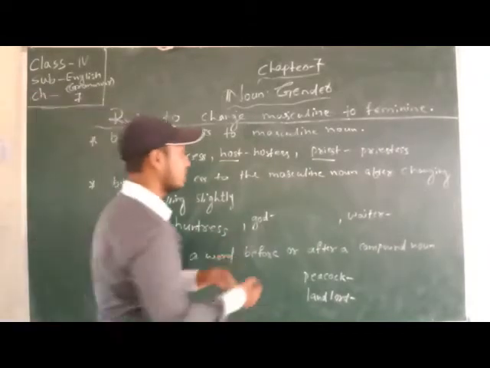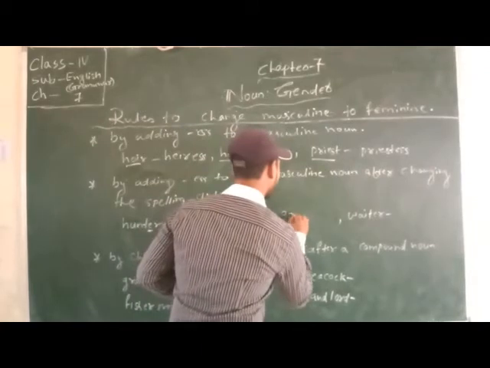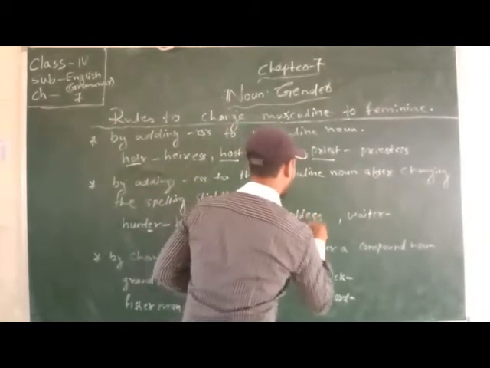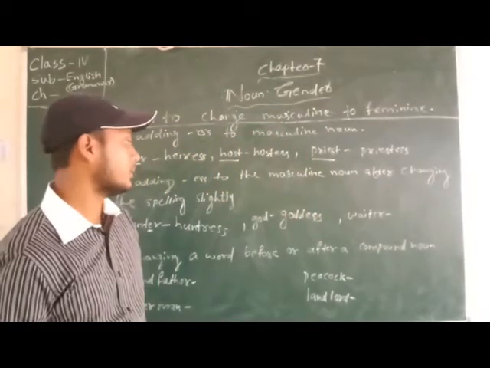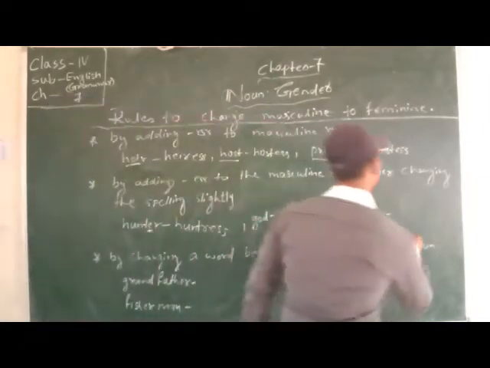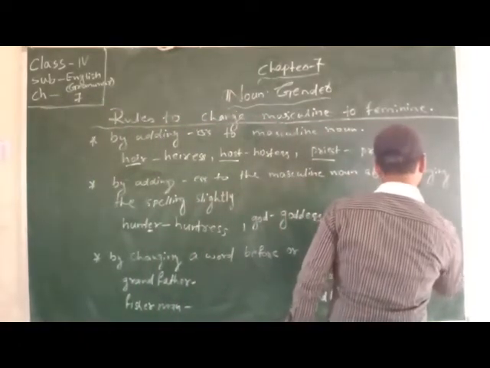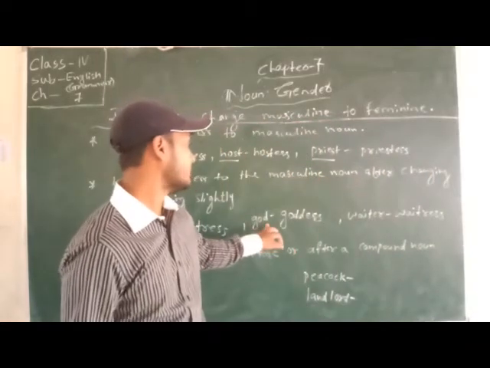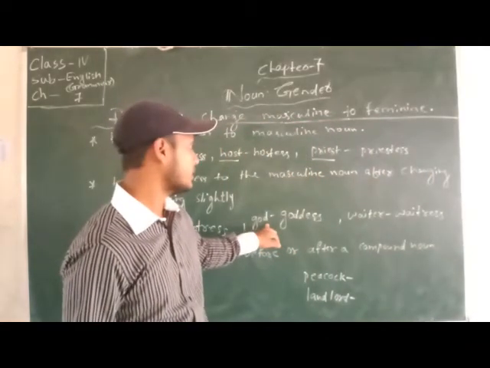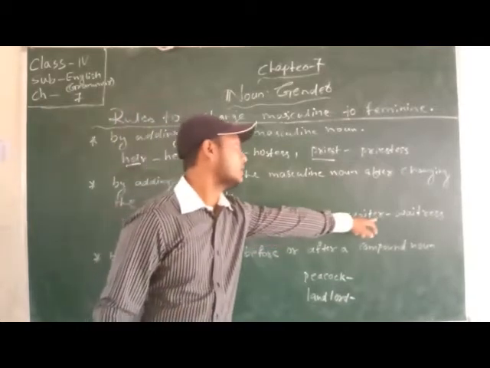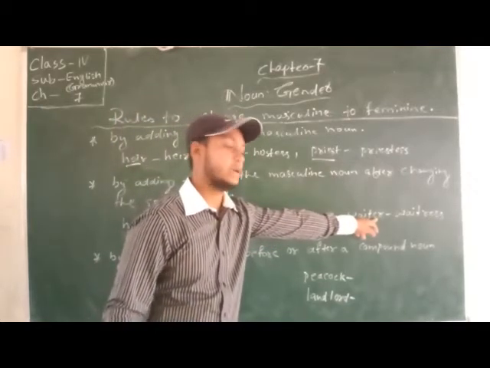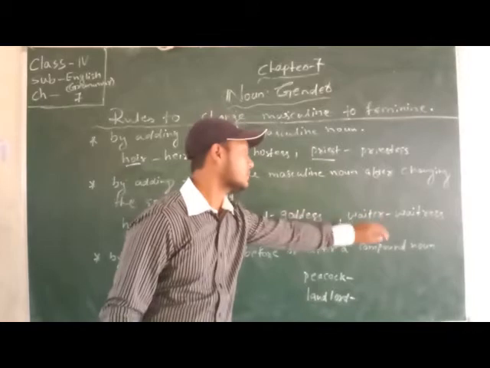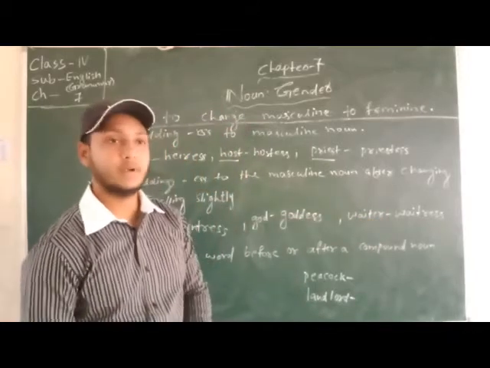Similarly, god becomes goddess, and waiter becomes waitress. Here we have added one letter, that is god. And here we have changed a letter slightly: e, and waiter becomes waitress.